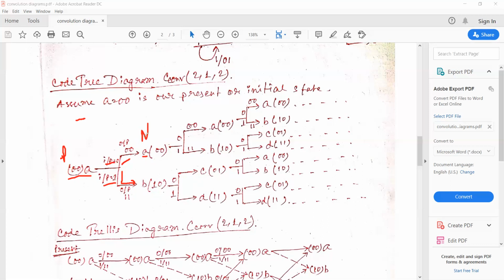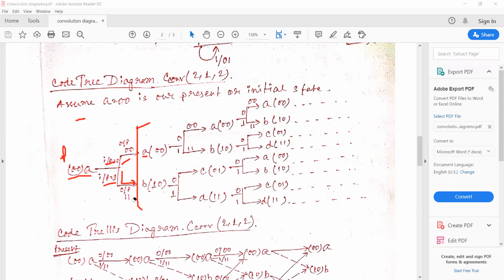When you get the next state, now consider this next state as your present state. So you have started from A, and you have gone to the next state. If you start from A, the next state is A when input is 0 and output is 00.